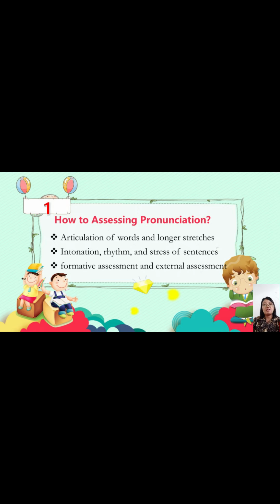And the third is about formative assessment and external assessment. Formative assessment is influenced by the first language, where pronunciation errors are caused by the first language affecting pronunciation in the target language. Well, for external assessment, the main criterion for the assessment is clarity.